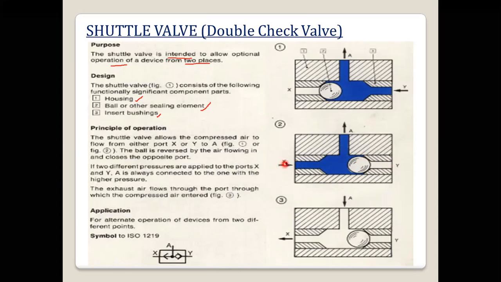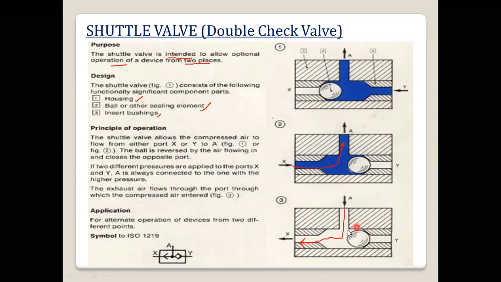Two inlet ports are there, X and Y, and one outlet port, that is A. In this second diagram, you can see the air is flowing from X to A. Similarly, the air can also pass from A to X. So either the flow will be from X to A, or from A to X.